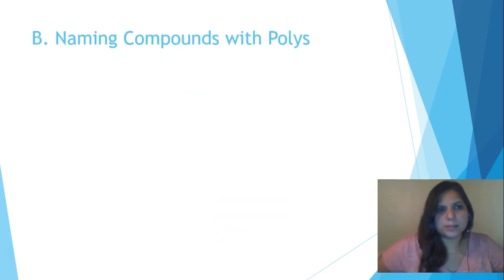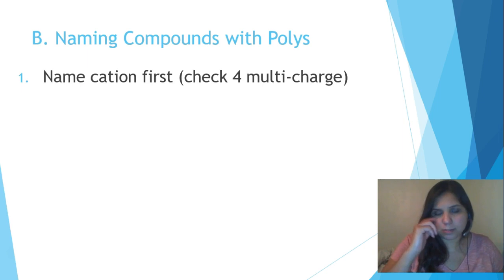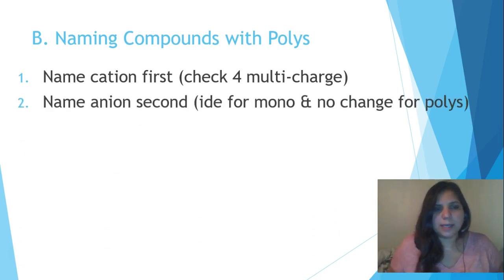Okay, next we're going to go in the opposite direction. We're going to take compounds that are already made and name them. So the rules, same rules as before: name the cation first. We'll want to make sure that we're checking for any multi-charge transition metals so that we can put those charges in Roman numerals. We'll name the anion second.